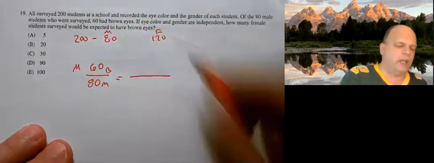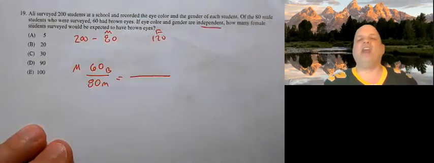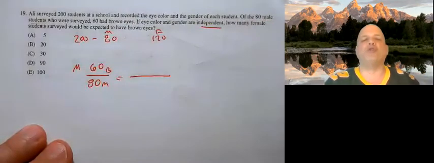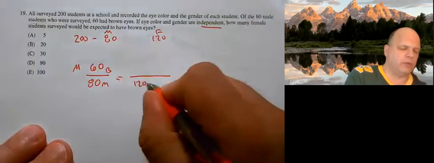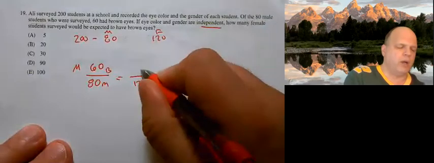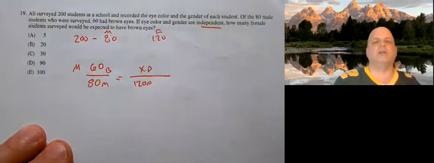Remember, if they're independent, they must be proportional. Well, in this case, we have 120 females. And we want to know how many brown eyes there are.